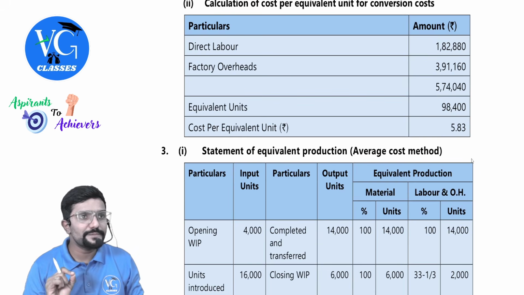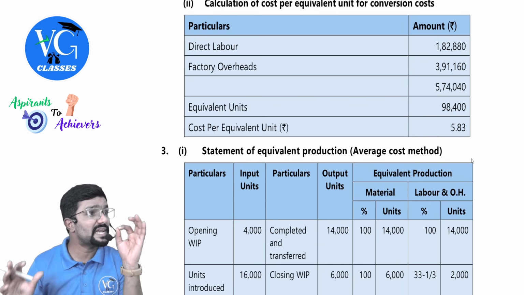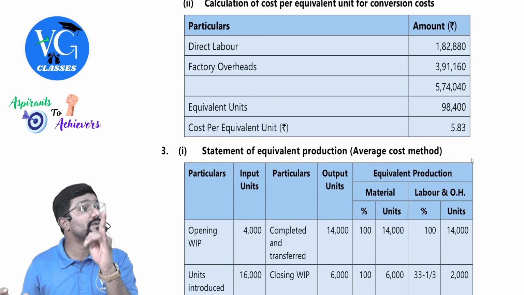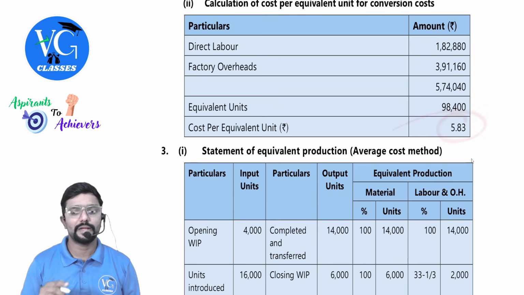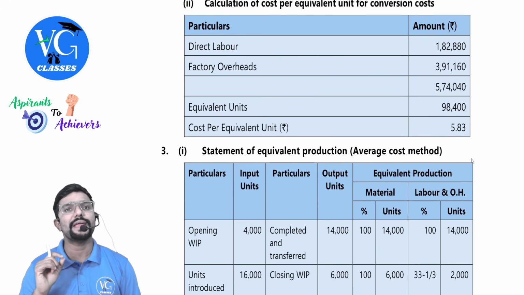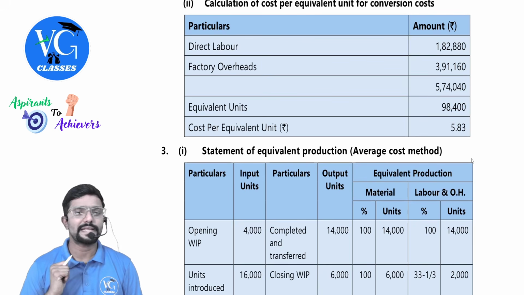Clear? Please be careful in this question. Even though cost is given separately, they asked cost per equivalent unit with respect to conversion. That is why we added both costs and divided by the equivalent units. Anyway, the equivalent unit is the same for both.